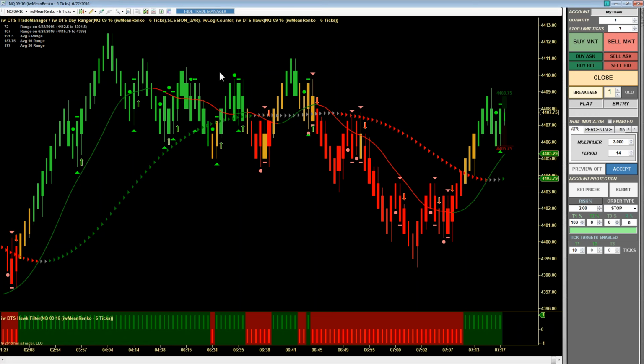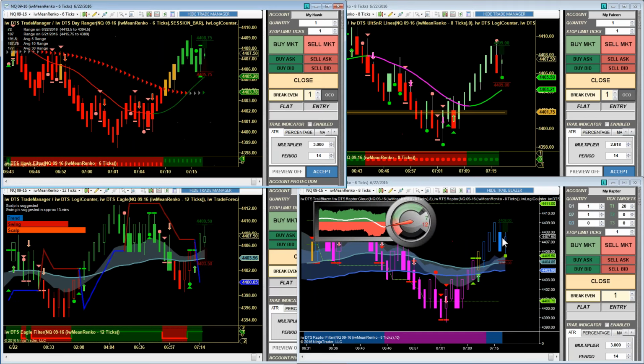But if you're kind of looking for confluence here, if you're looking at that signal, you may glance down at your Raptor and, oh, look, my Raptor is also producing a warning dot. That may give you a little bit more confidence that everything is in sync, knowing that the Raptor, as I said, tends to produce fewer signals in favor of better quality signals, if that makes sense.